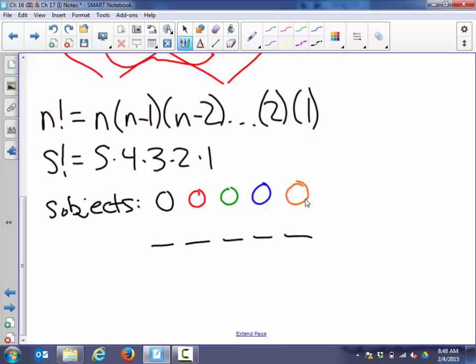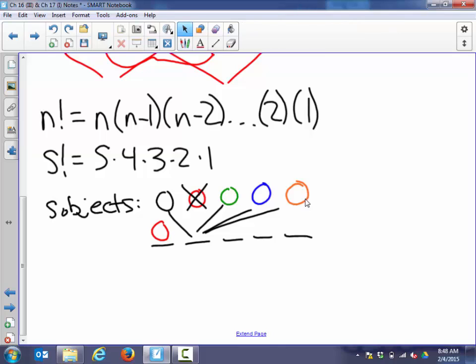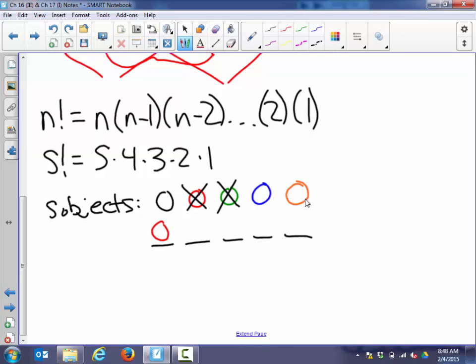But then, once I use one of those 5 objects, let's say that the red object had been chosen to fill the first slot. Well, that leaves me with 4 remaining ways that I can fill the second slot. And then let's say that, for instance, green had filled the second slot.